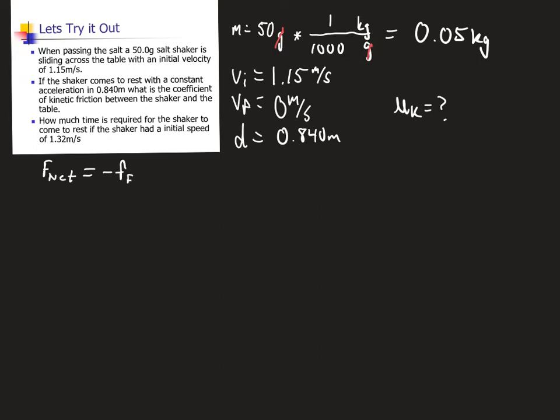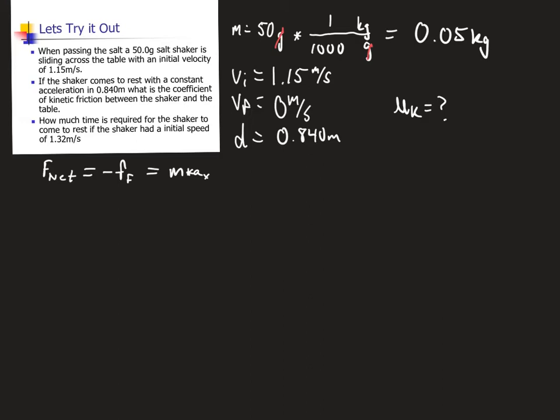If you are pushing on it, it would have a positive, and friction would be negative because it works against it. That will be equal to the mass times the acceleration in the x direction, technically.